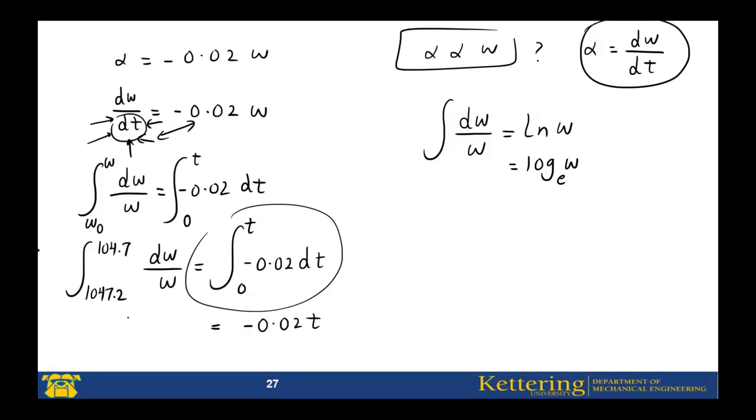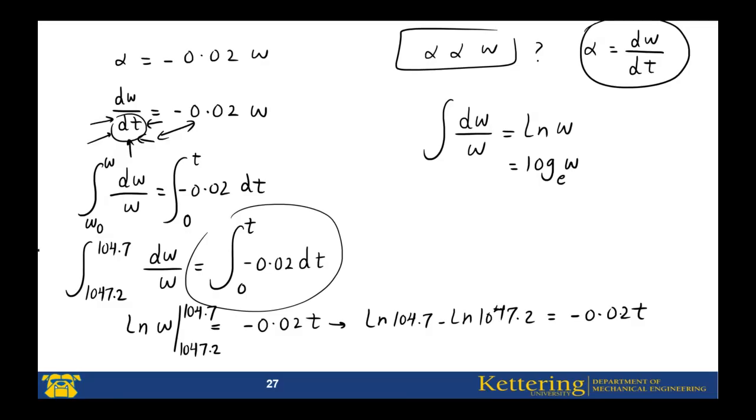Now, this one is the natural logarithm of omega from 1047.2 to 104.7. If I do this, it is the natural logarithm of 104.7 minus the natural logarithm of 1047.2, equal to minus 0.02 t. Now let's calculate.